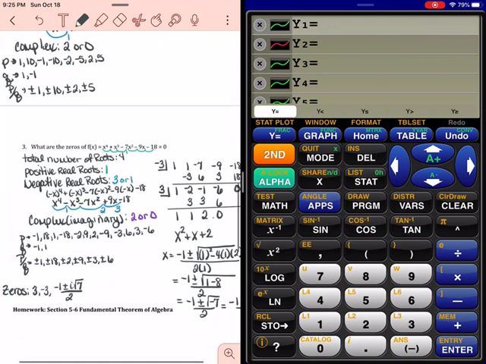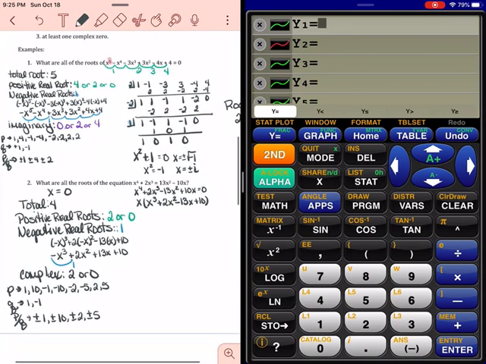All right, I'm going to use the one from before I factored it out.